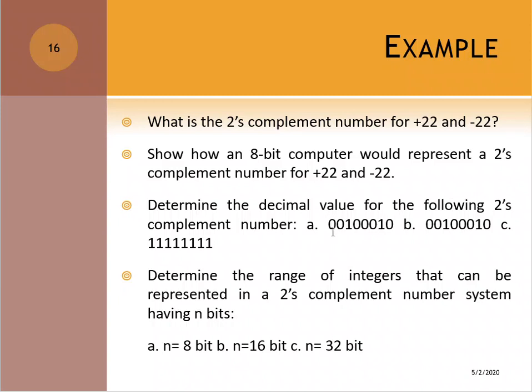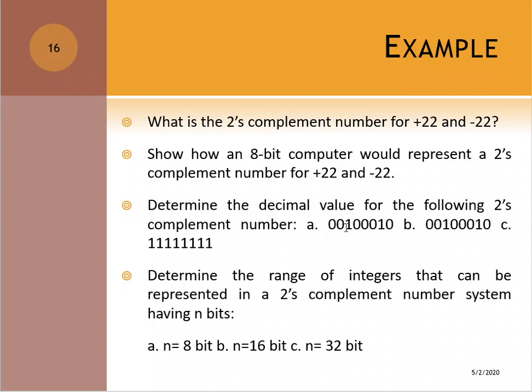If the number starts with 0, it means that the number is positive. And if the number starts with 1, the number is negative. For A and B, I think the number is exactly the same. Maybe it's a typo. Let's solve only A.